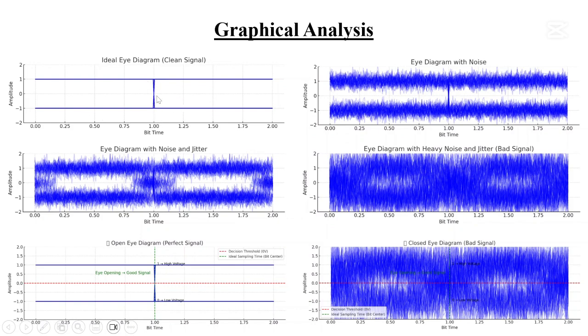These are the crossovers. If we add some noise to it, it will look like this. Here we have some distortion and noise, and here we have the crossovers.